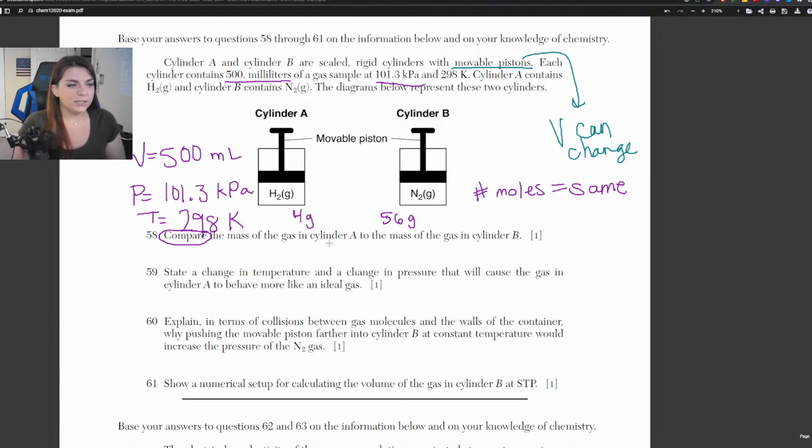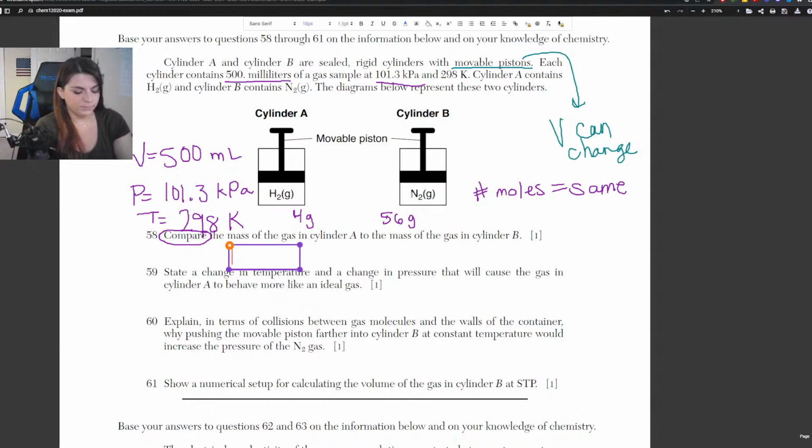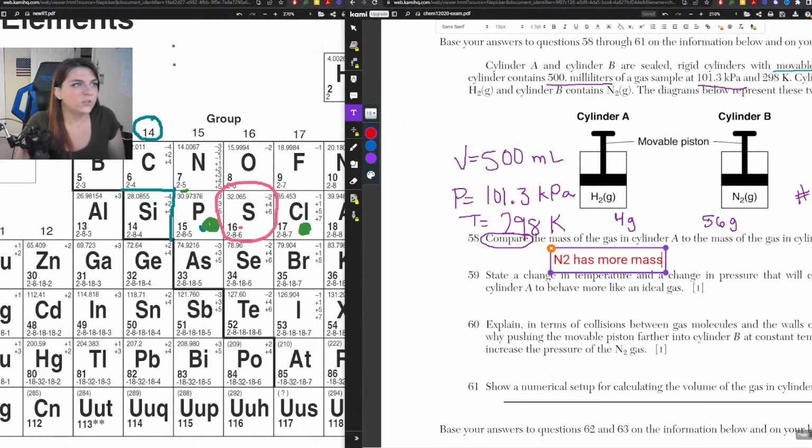So in this case, the gas in cylinder B has more mass. I would write N2 has more mass. And that would be my answer. They have the same number of particles, but they don't have the same number of grams, because that is why stoichiometry even exists in the first place.